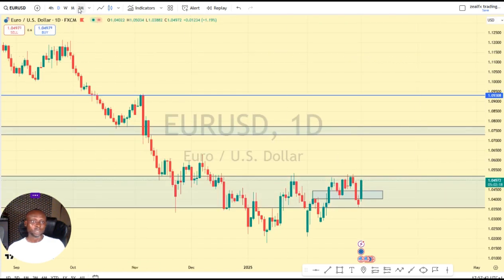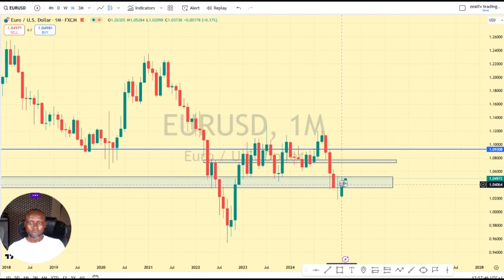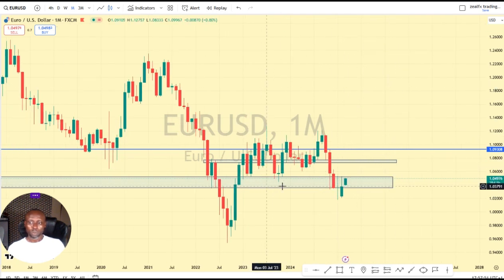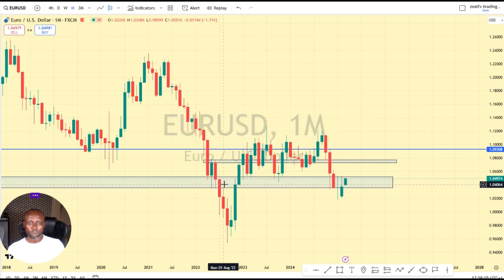Euro, on the other hand, on the monthly charts, closed on a support level. So long as euro closed on the support level, we expect price to continue to push higher for the euro. But what we expect on the euro USD is for price to come to this next resistance level on the monthly chart, because you can see that price failed to break this support.